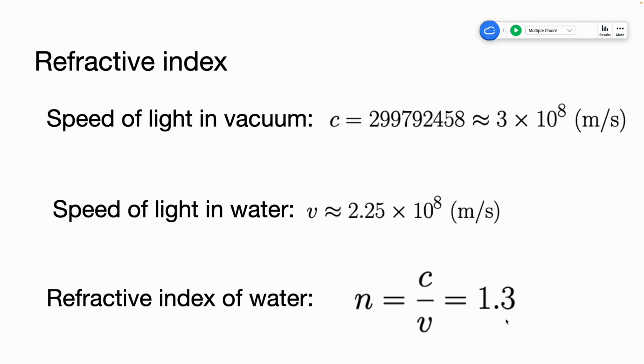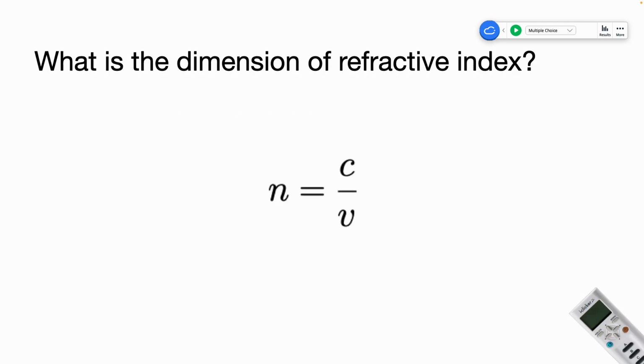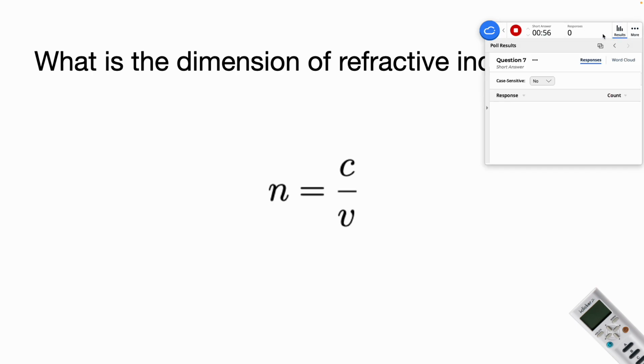Okay? Now, what is the dimension of refractive index? Dimension analysis. It is the speed of light in vacuum divided by the speed of light in the material you're looking at. For water, it's 1.3. 1.3 what? What's the unit?